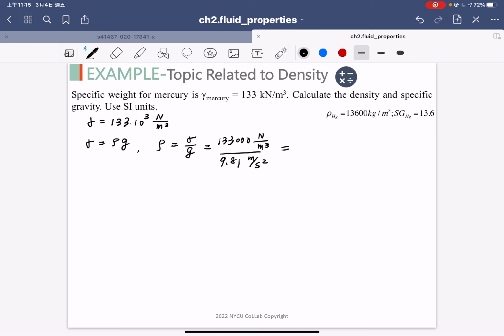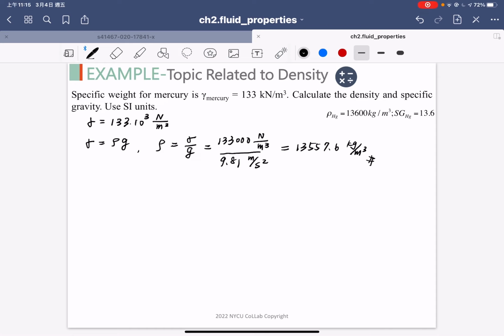You can compute it by yourself. So the density is around 13557.6 kg per cubic meter. Okay, so this is our first answer.